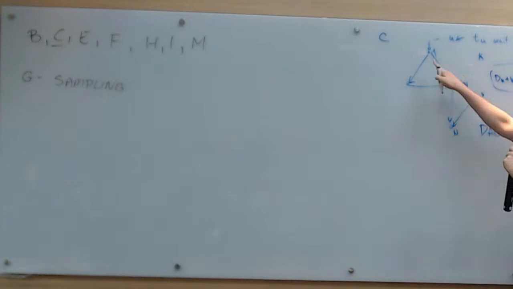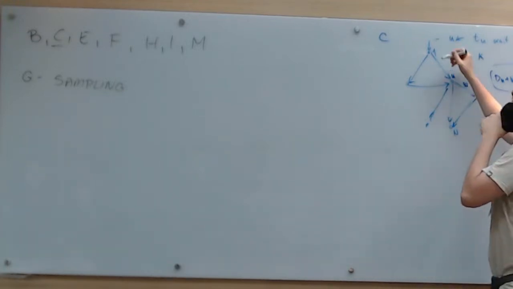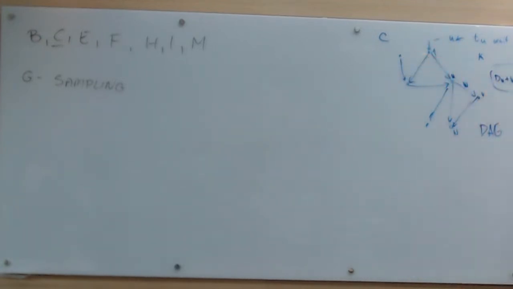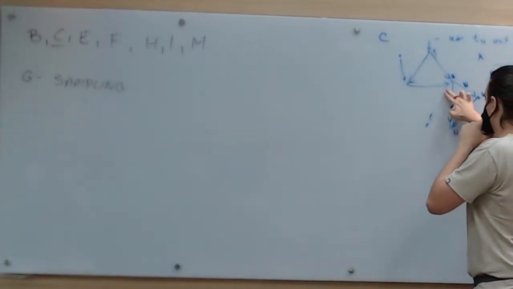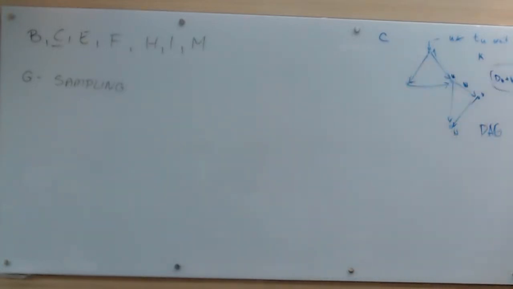Because this is like the origin point, and this is the target point, and of course it doesn't make sense for there to be edges like this, so that's why there's only one leaf. And this is the only starting point, so of course there's not going to be any other starting points. So these graphs are kind of nice. It's not so important for the solution, but it's a nice thing to observe.